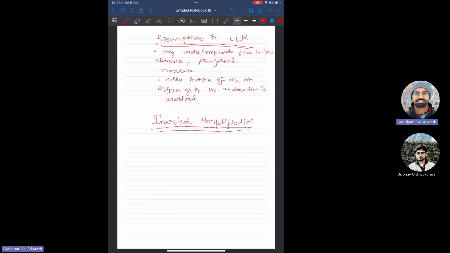Before going into inertial amplification, let's understand what is the need for inertial amplification.